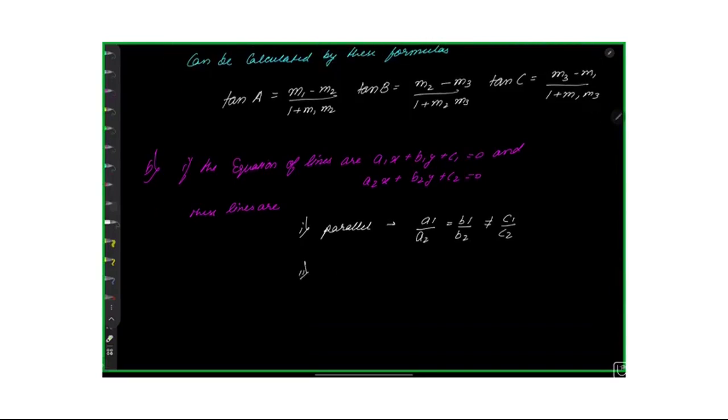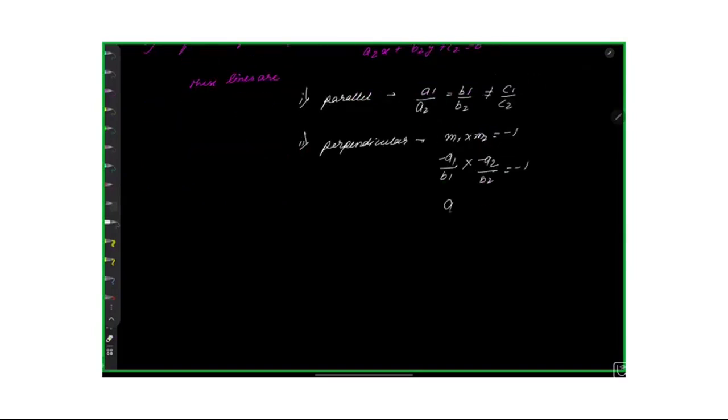Second, if they're perpendicular, then the multiplication of both slopes should be equal to -1. The slope of the first line is minus a1 over b1, into the slope of the second line, minus a2 over b2, equals -1. So a1 a2 equals minus b1 b2.